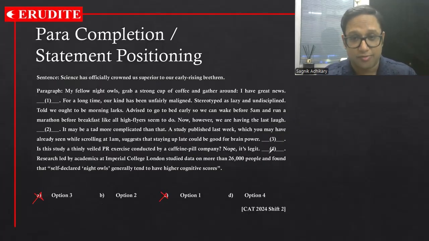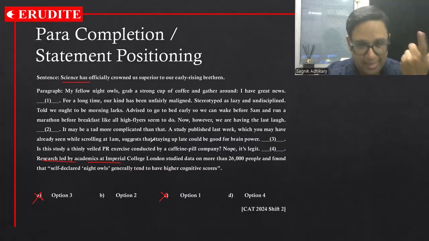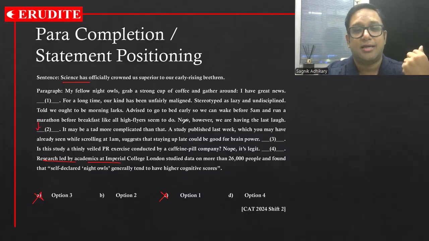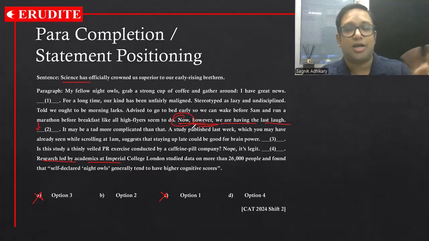Four can also be, because right after four, we have research led by academics at. So this could very well follow an argument about science. But if we do that, as we have already discussed, we would have a logical gap here: "Now, however, we are having the last laugh." Also, now and however change the argument from before.